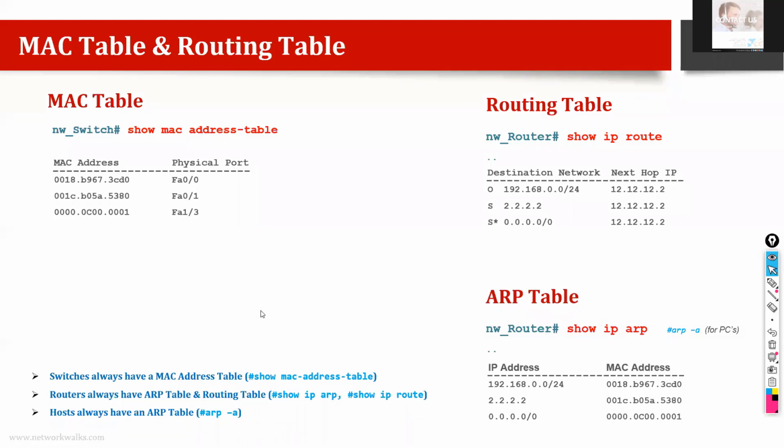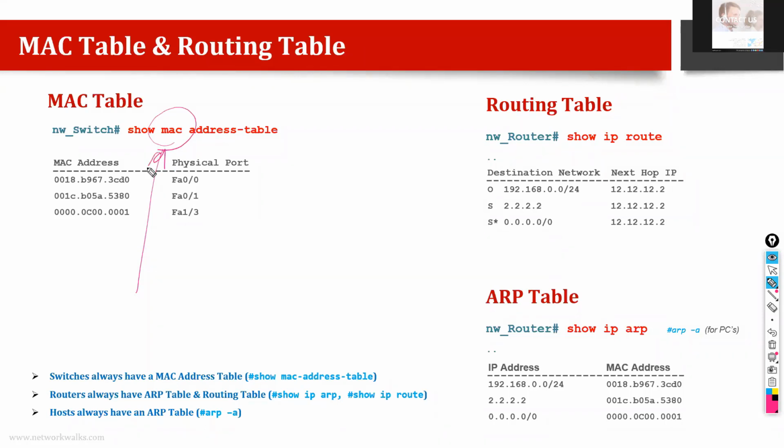There are 3 tables in network communication, in switches, routers, in networks: the MAC table, the switching table, and the routing table. Why am I telling you this? Because we are studying cyber security, and in cyber security there are different types of attacks. There are CAM overflow attacks, which happen based on the MAC address table. If you don't know the MAC address table, you don't know about those attacks and you cannot defend.